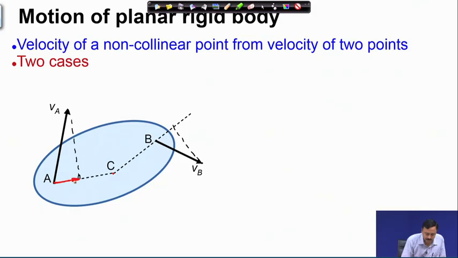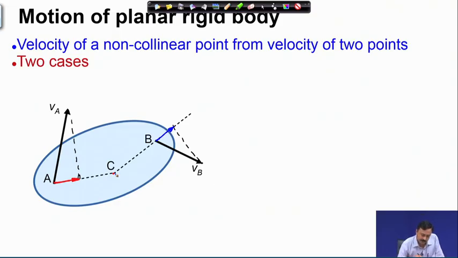So, this is the projection of VA along AC. This is the projection of VB along BC.